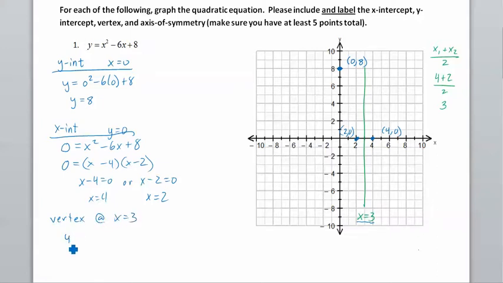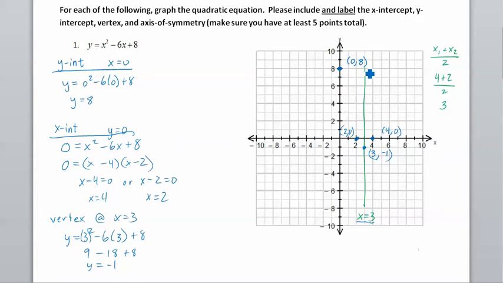We'll plug 3 in. y equals 3 squared minus 6 times 3 plus 8. So that's going to be 9 minus 18 plus 8. 9 minus 18 is negative 9, plus 8 is negative 1. So y equals negative 1. So the point will be right here at (3, negative 1). And so then we've got that.